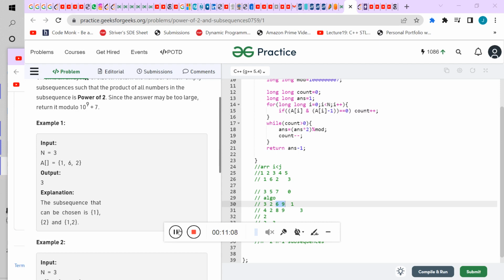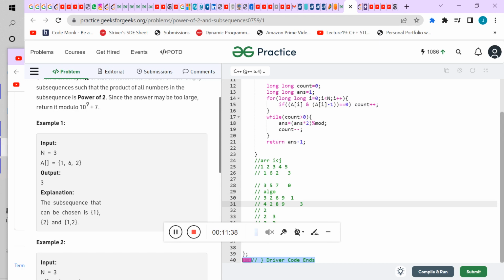The crux of this particular question lies in this: to make a subsequence with multiple elements that follows the condition given in the question, all the elements in the subsequence should independently follow that particular condition. That is, the independent elements should also be a power of 2, correct?